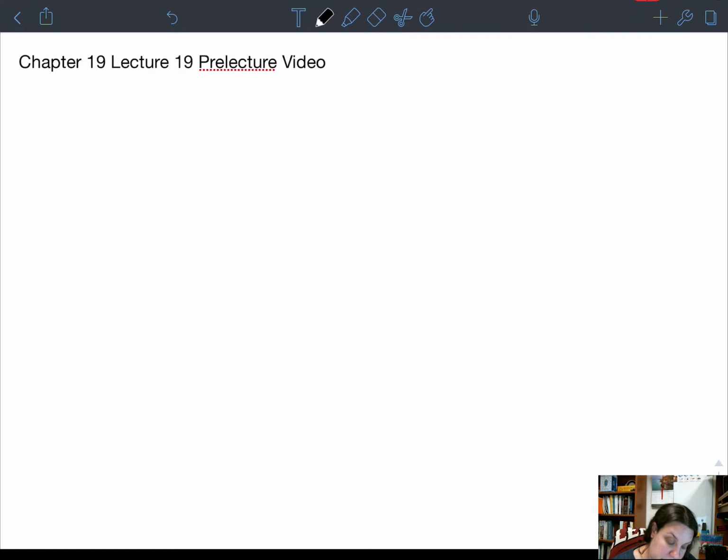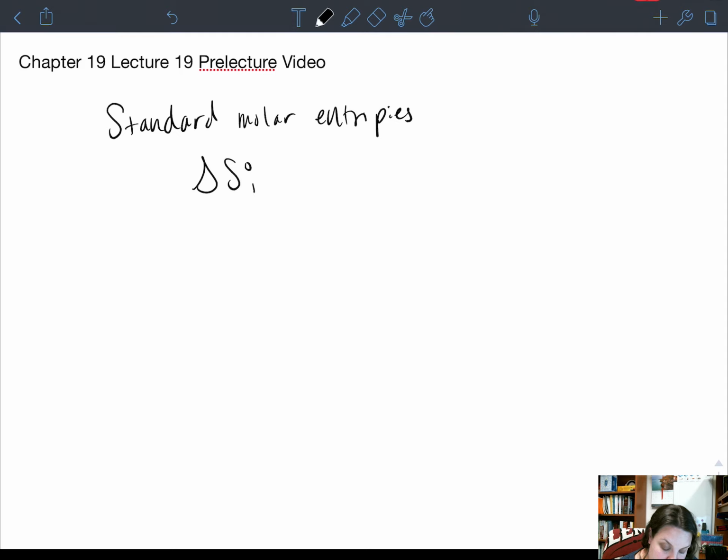So our standard molar entropies. We do delta S naught of reaction for those, or system if you will, and we can solve for this using a table.